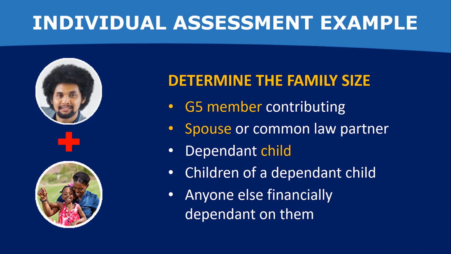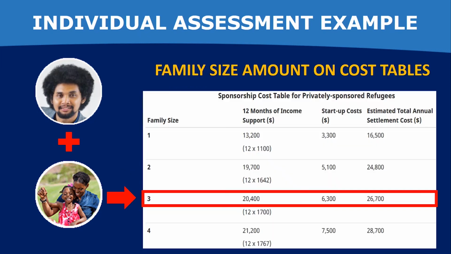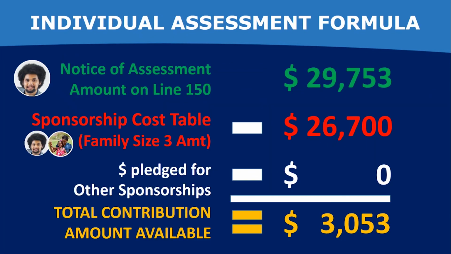In this case, Jamil has a wife and one dependent child, so he has a family size of 3. So we're going to take the sponsorship cost tables and look up the amount that is estimated for a family size 3, $26,700. We're going to take that amount and put that in the formula, under sponsorship cost table, family size 3 amount, $26,700.